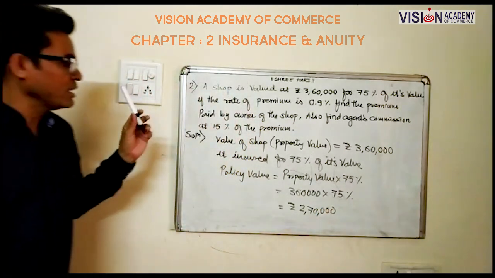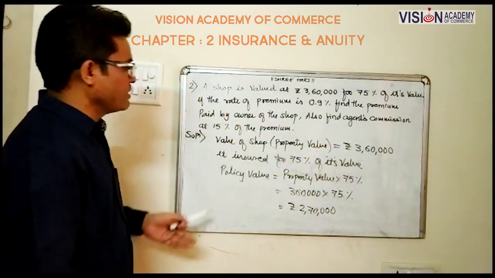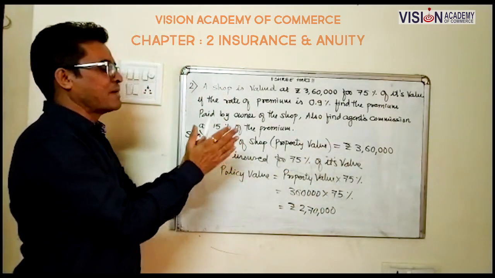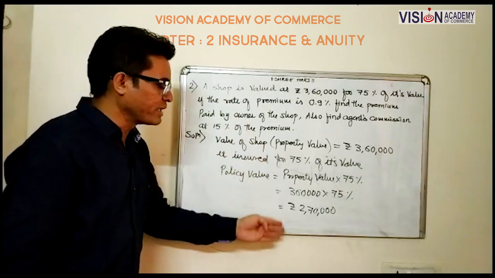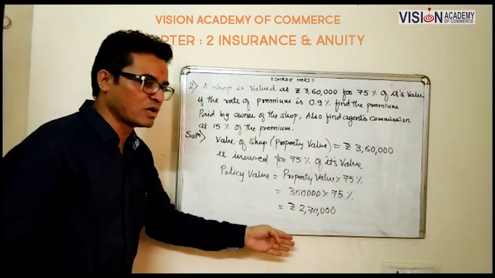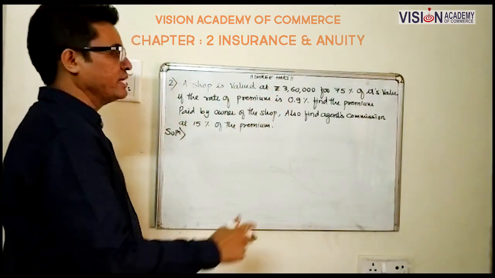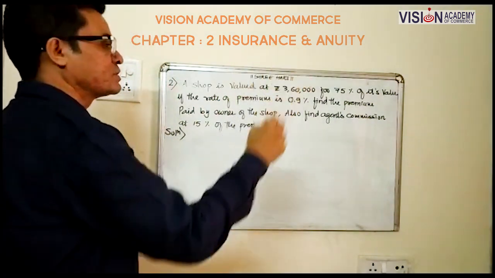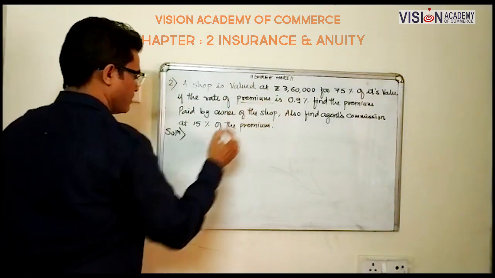If the value of property is 3,60,000 and it is insured for 75% of its value, the policy value becomes property into 75%, which is rupees 2,70,000. In this question we require the premium.